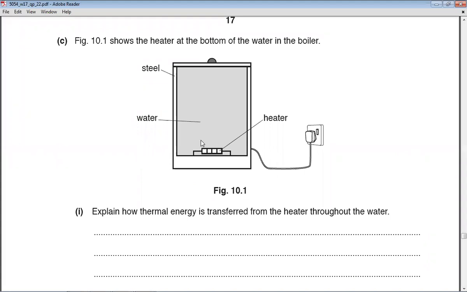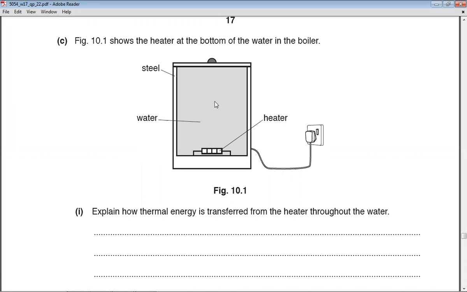So the water which is near this heater, they will absorb the thermal energy. The water molecules will move away from each other. The volume of the water here will become larger. The water will become less dense. This less dense water will rise upward. The cold water here on the top, it will be more dense, and that dense water will sink downward.